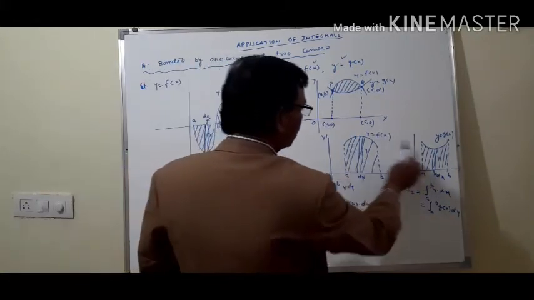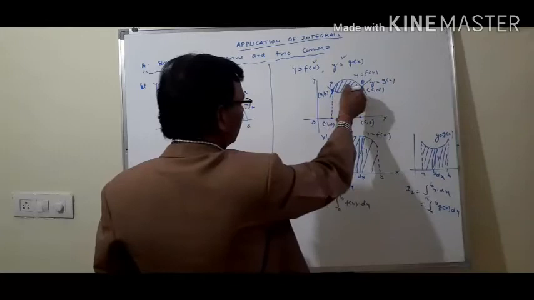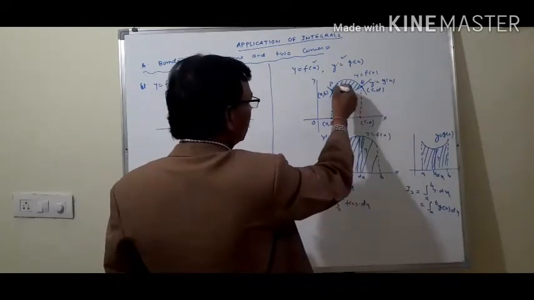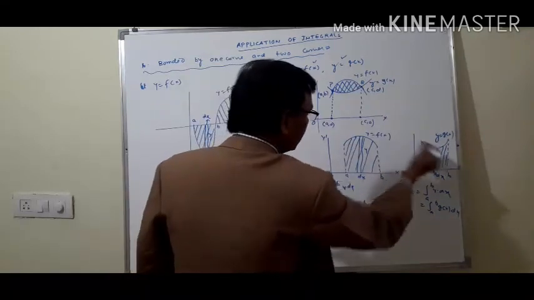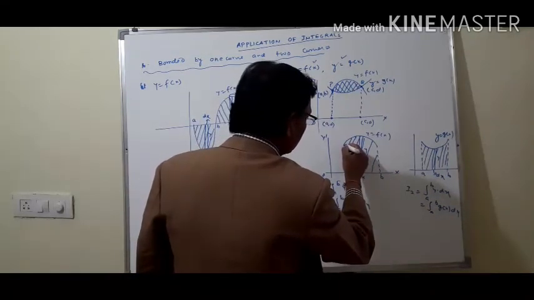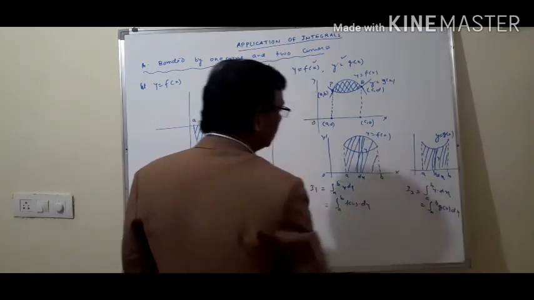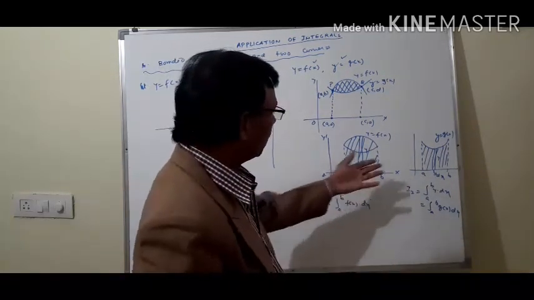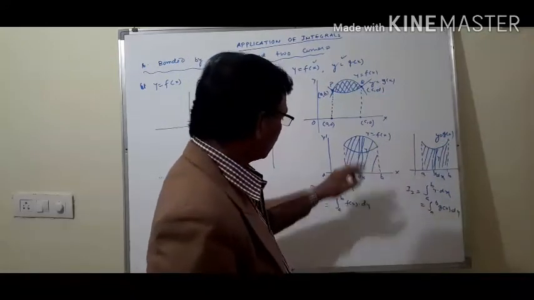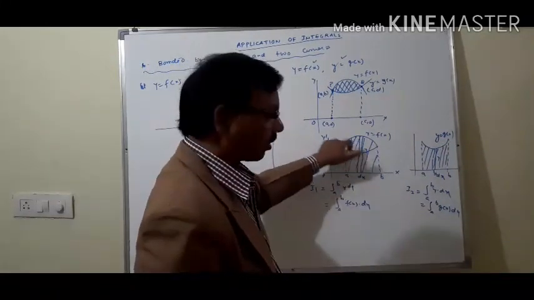If you merge both figures, you can get it like this. If you want to find the area of this common part, that means if we subtract the area of this from this, we get only the common region.